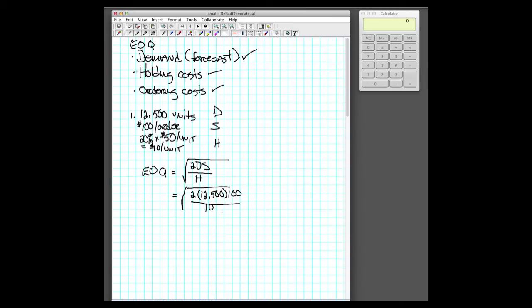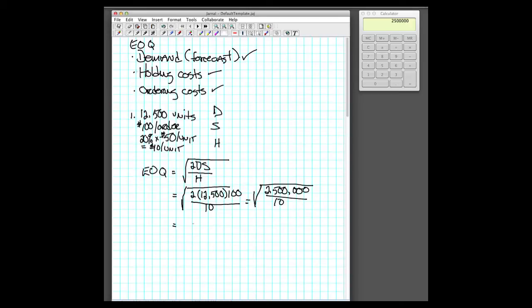Now we've got a little bit of mathematics to do here to come up with this number, but this is nothing more than the square root of the following: 12,500 annual demand times ordering costs of 100 times 2, or, counting up all our zeros, 2,500,000, divided by 10.